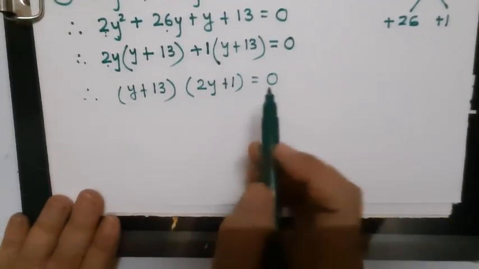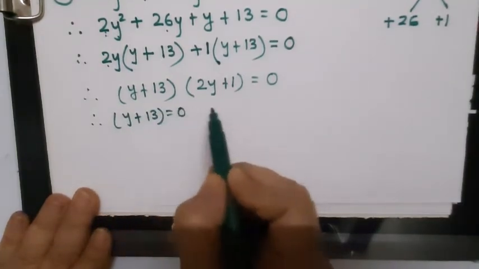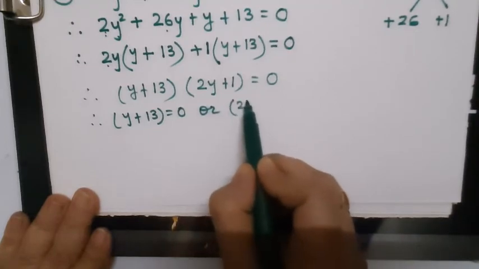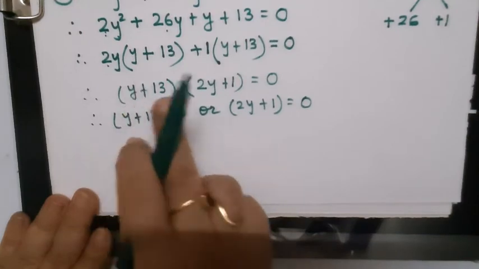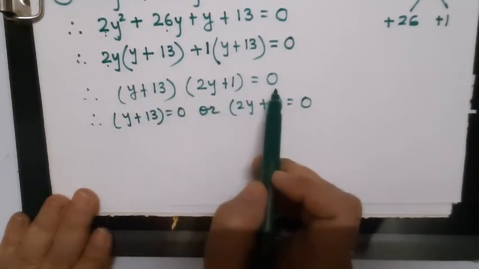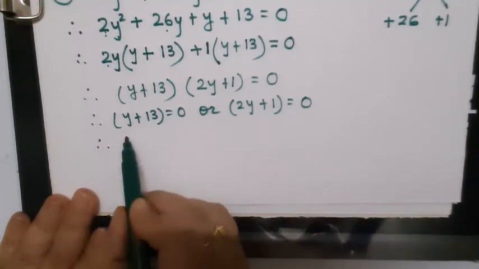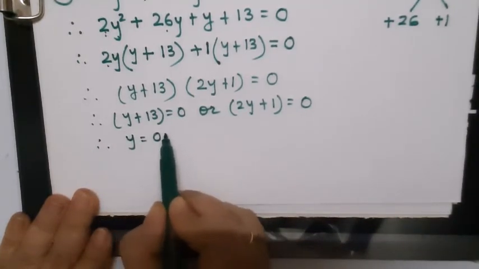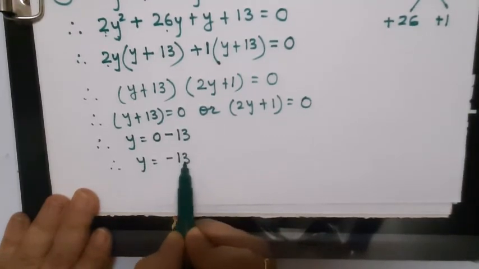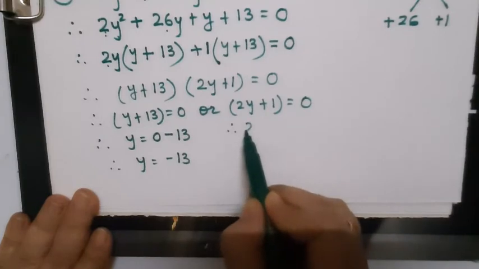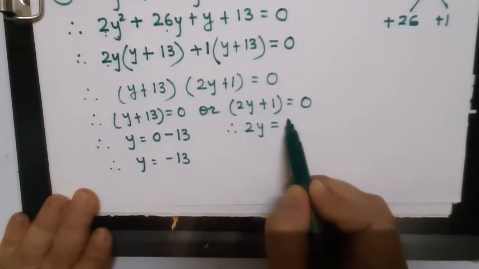Now it means either y plus 13 is equal to 0 or 2y plus 1 equals 0. One of the terms should be 0, then only the product will be 0, no? That is why we write it like this. So let us solve. Y is equal to 0 minus 13. So y is equal to minus 13. And here when we solve this, we will get 2y is equal to 0 minus 1.